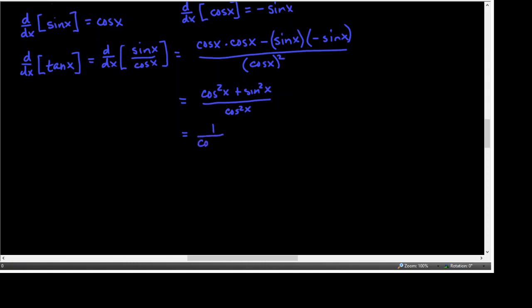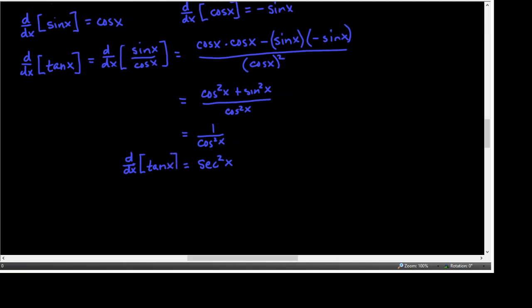That's 1 over cosine squared x. And since 1 over cosine x is secant of x, these are the reciprocal identities I'm referring to, 1 over cosine squared of x is secant squared x. And there's your formula for the derivative of tangent of x.